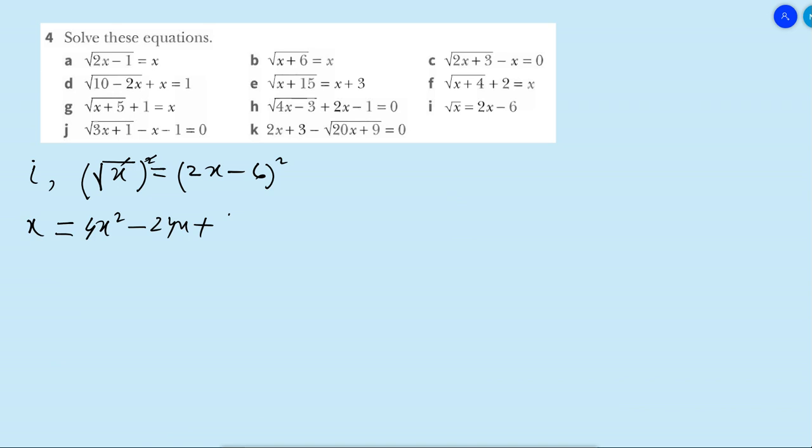So 4x square minus 24x plus 36, and shift x to this side, minus x is equal to 0. 4x square minus 24x, sorry, 24x and minus x is minus 25x, plus 36 is equal to 0.